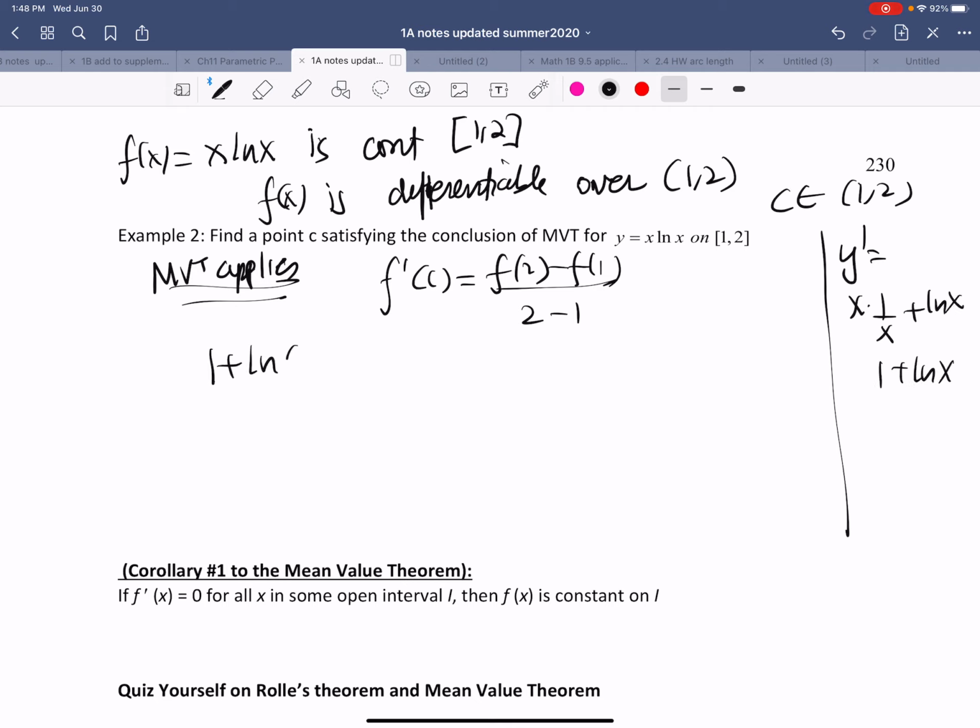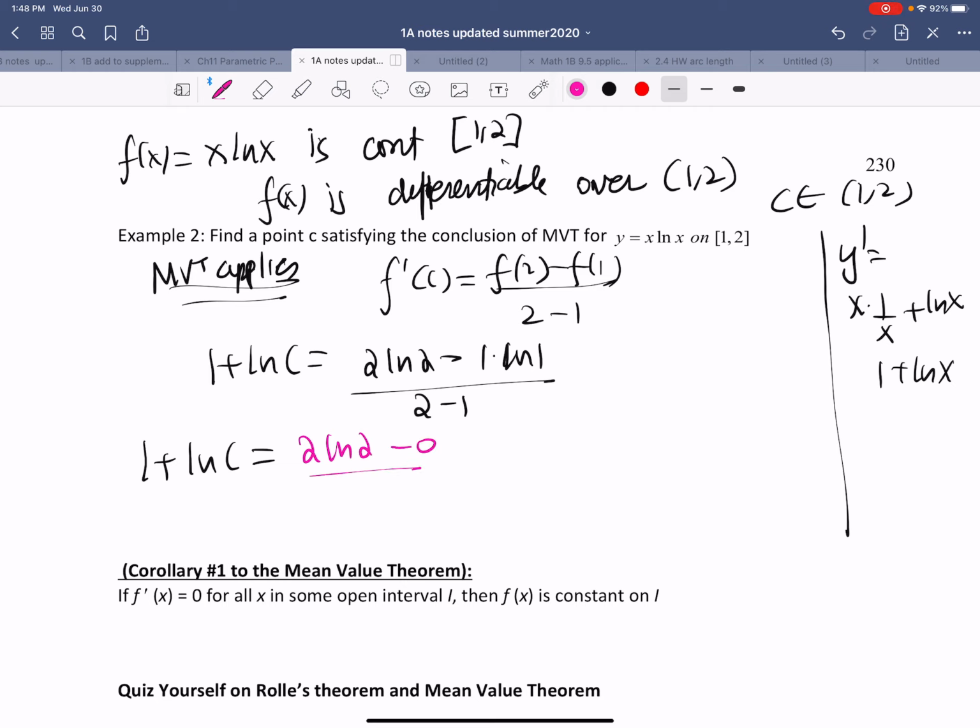So 1 plus natural log of c is equal to, if I plug a 2 in here, 2 natural log of 2 minus 1 natural log of 1, which is 0, over 2 minus 1. So 1 plus natural log of c is equal to 2 natural log of 2 minus 0 over 2 minus 1, which is 1.